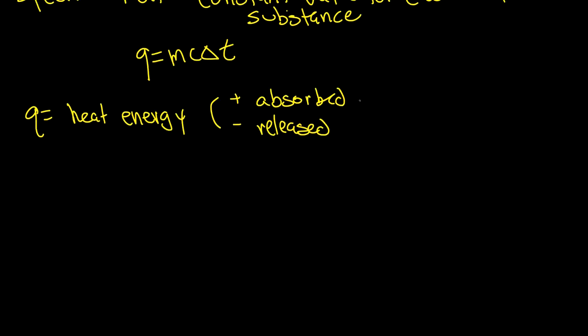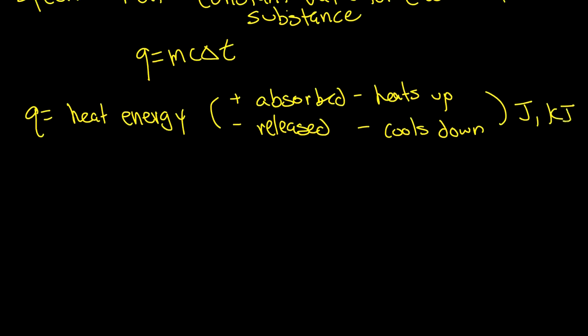So that basically means absorbed heats up, released cools down. So you can see positive and negative values for heat energy. Heat energy will be measured in joules, which will be symbolized with a J. You can also use kilojoules if you have a lot of energy.